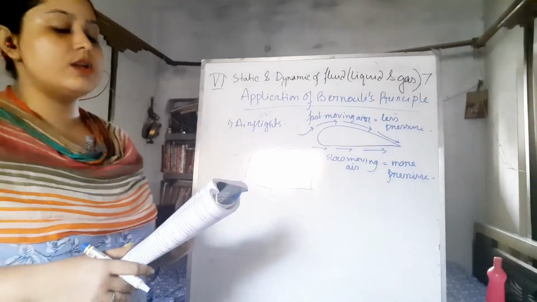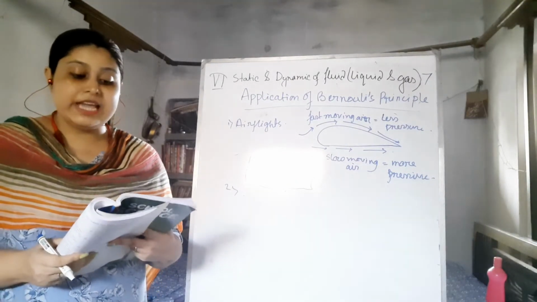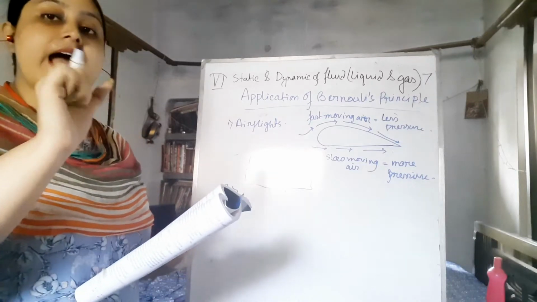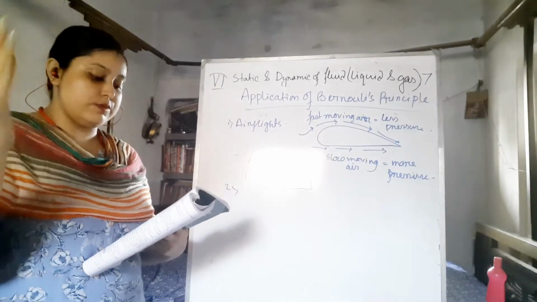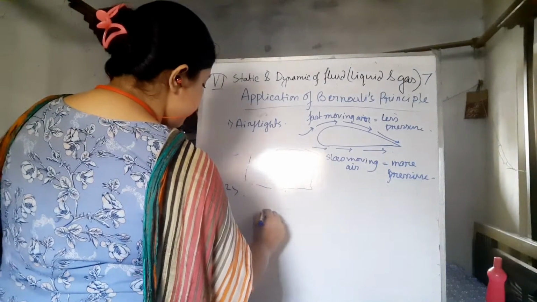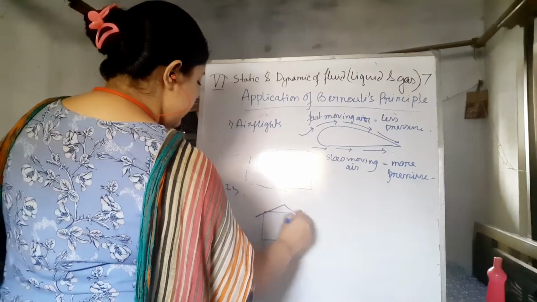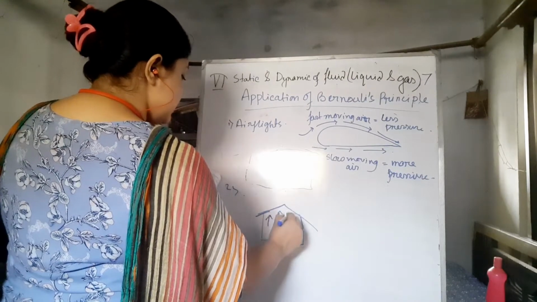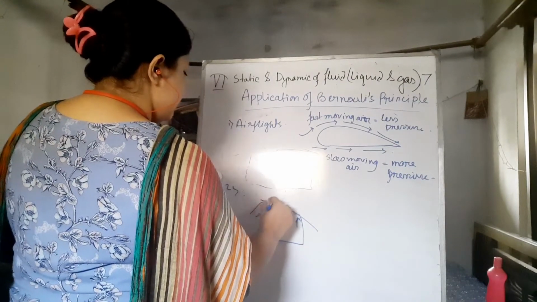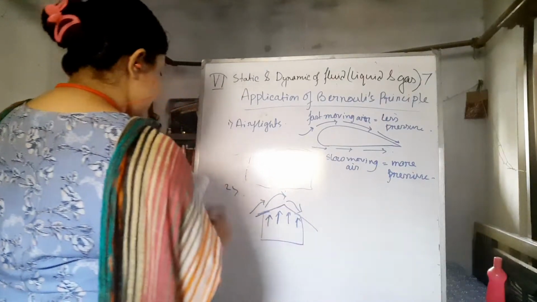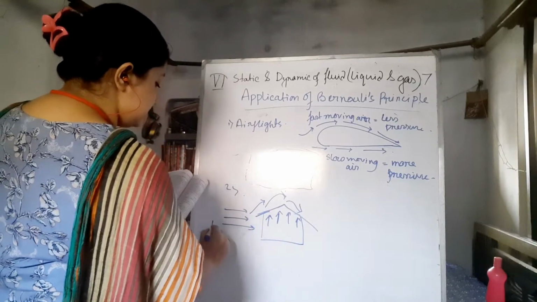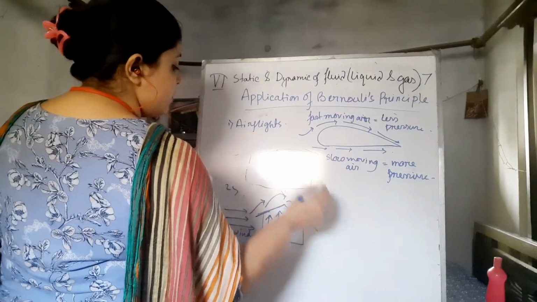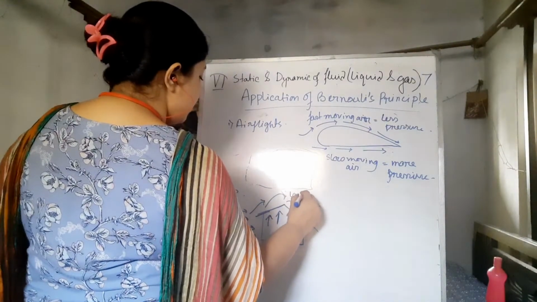The next example is about tornadoes. Tornadoes do not tear the roofs off of houses. It is the higher pressure inside your house that exerts a force outward and moves the roof outside. In normal conditions, the normal pressure is exerted on the roof of the house, and the outside air pressure is also there. But when a tornado with high winds is going on, it creates a low pressure outside.